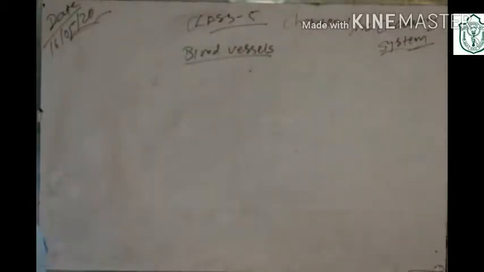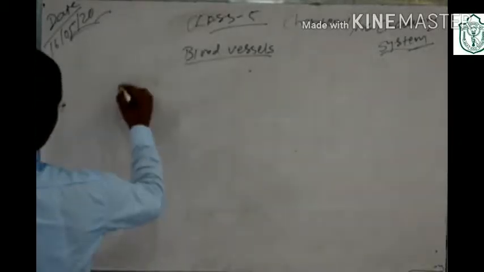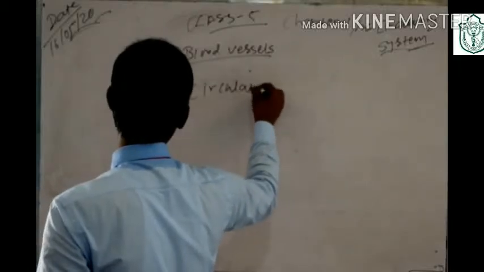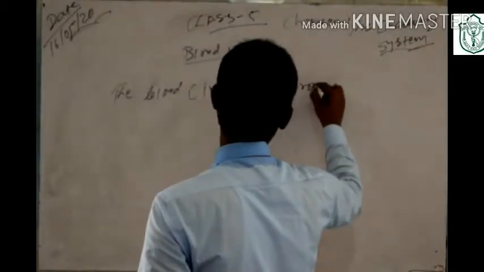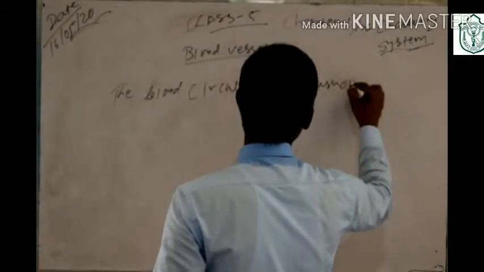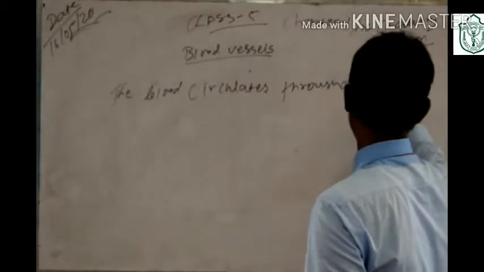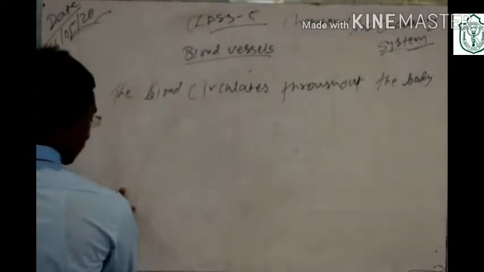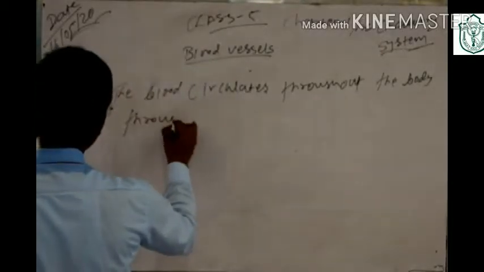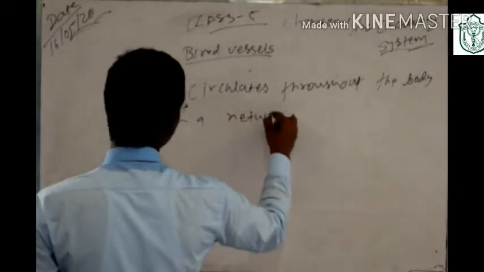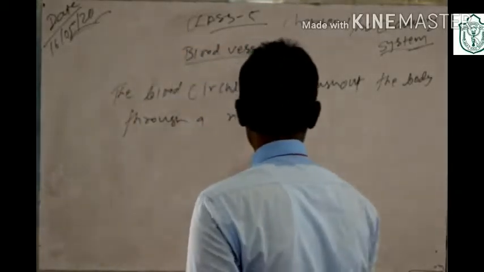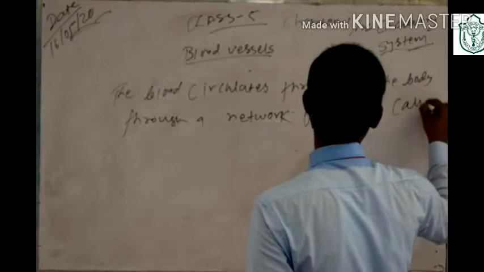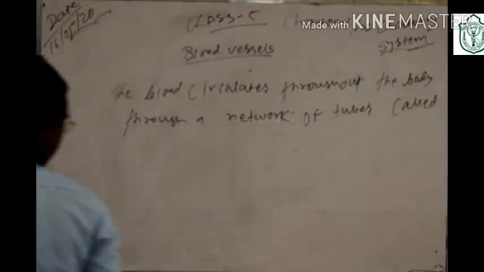Blood vessels: the blood circulates through a network of tubes called the blood vessels.